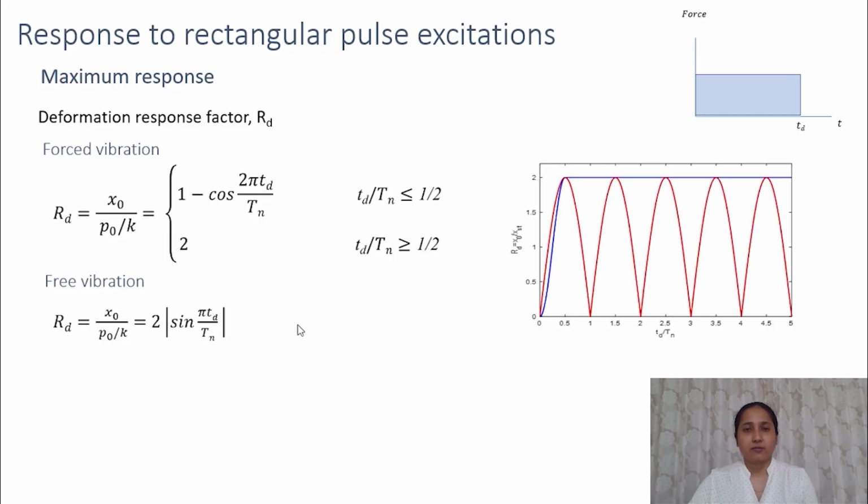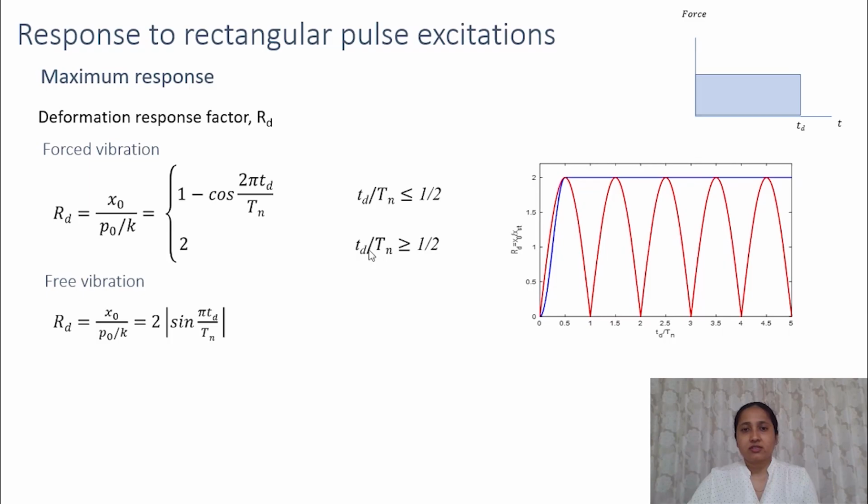So this is x naught by p naught by k, which will be equal to 2 modulus of sine pi Td by Tn. So if we are plotting these two expressions, this blue one is for the forced vibration response. So initially, when Td by Tn is less than half, we have this expression 1 minus cos 2 pi Td by Tn. So that is this portion.